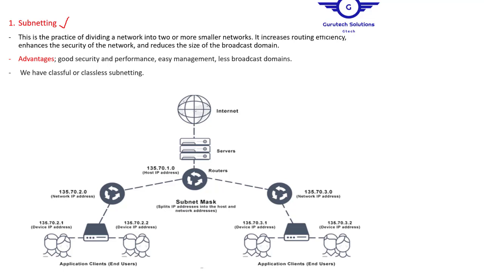Subnetting is just the practice of dividing a full network into 2 or more smaller networks. For example, if you've been given 192.168.1.0 and you have 3 departments, and each department should be in a different subnet, you do what is called subnetting on that block to achieve the objective.